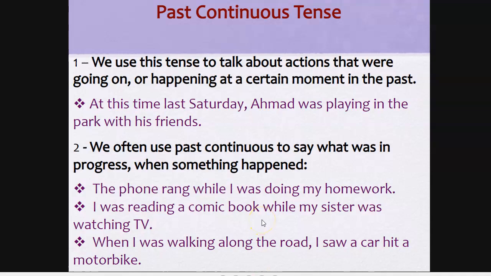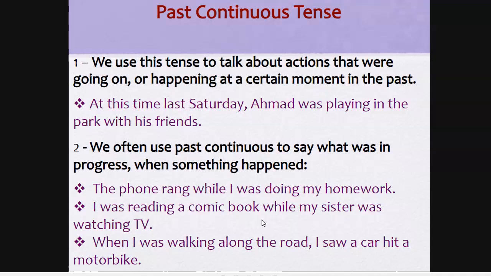What about the past continuous? With this tense we talk about actions that were going on, or happening, at a certain moment in the past. For example, at this time last Saturday, Ahmad was playing in the park with his friends. We often use the past continuous to say what was in progress when something happened.